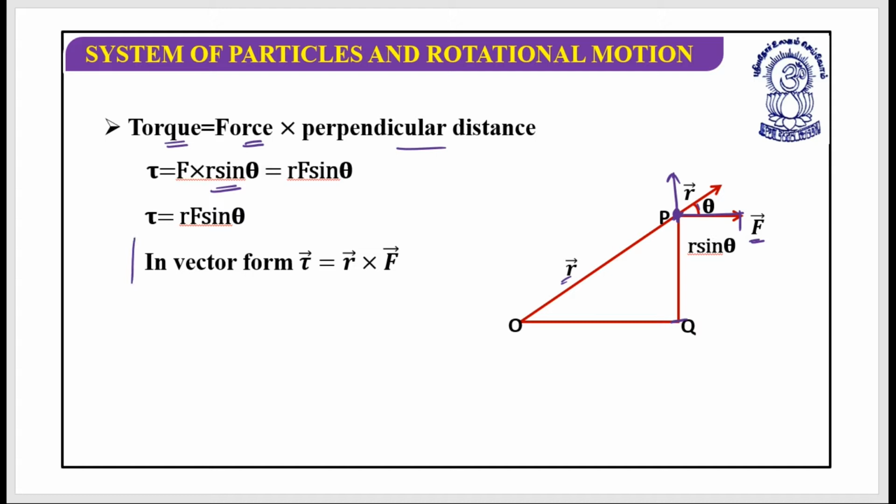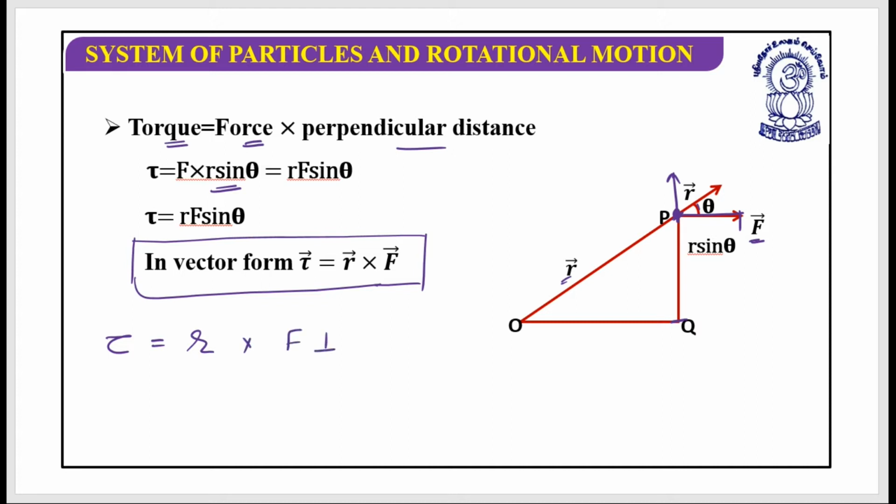In vector form, that can be written as torque equals R cross F. So for torque we can write two things: torque equals distance multiplied by perpendicular force, or torque equals force multiplied by perpendicular distance. Either of these must be perpendicular to each other, and this is the rotational analogue of force.